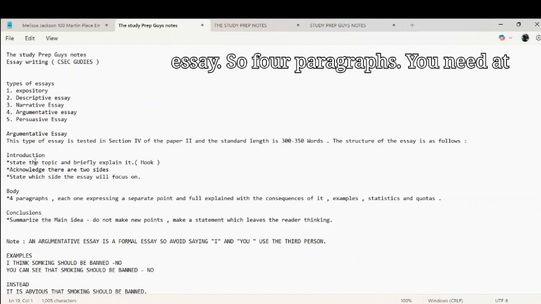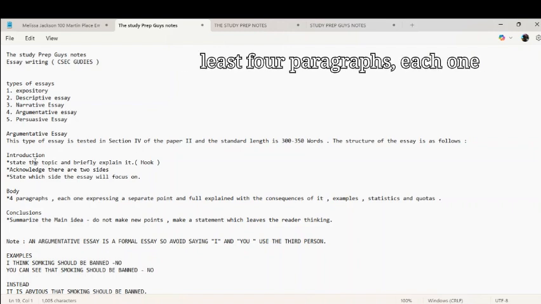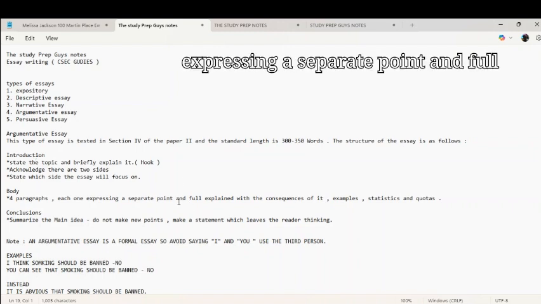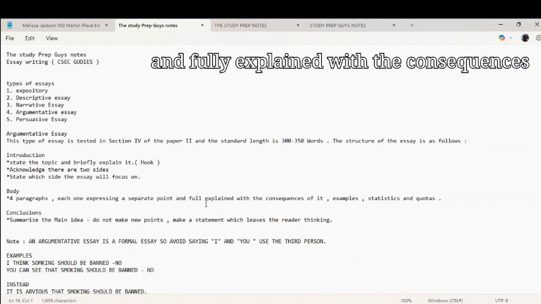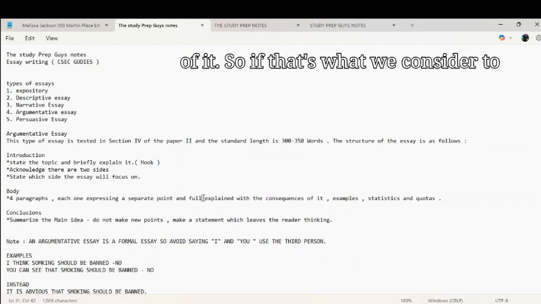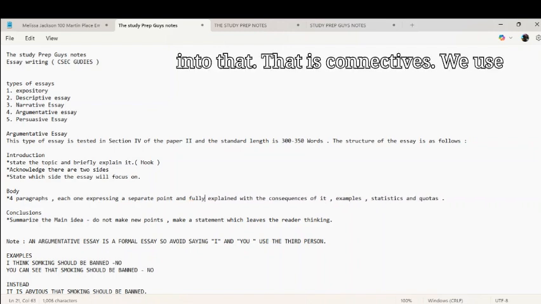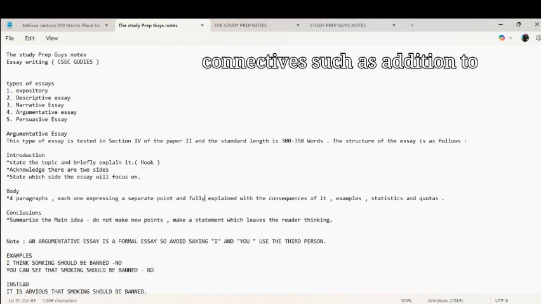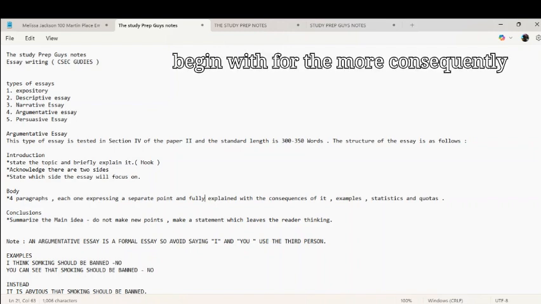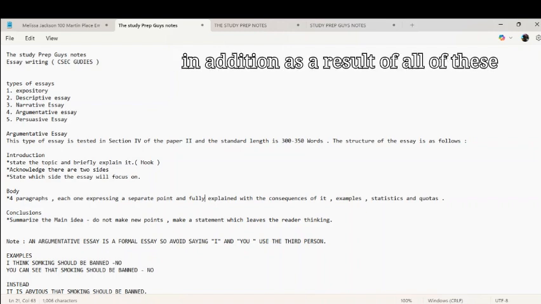So you need at least 4 paragraphs, each one expressing a separate point and fully explained with the consequences of it. That is what we consider cause and effect, but we'll go into that. We use connectives such as to begin with, furthermore, consequently, in addition, as a result of.